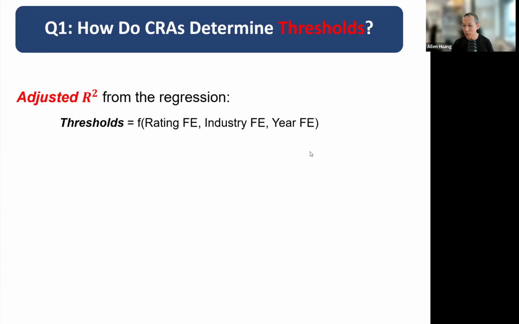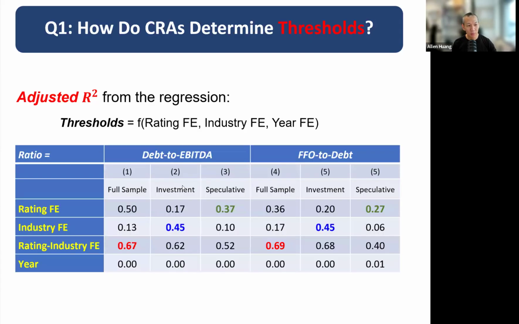So we try to see whether this is only a mechanical process, whether credit rating agencies directly just determine that based on which industry they're in, their rating levels, etc. If that's the case, then the R square from the threshold regressed on the rating and the industry fixed effects should be very high. So over here, we separately look at the two ratios. And we include either the rating fixed effects, the industry fixed effects, and also the rating times industry fixed effects.